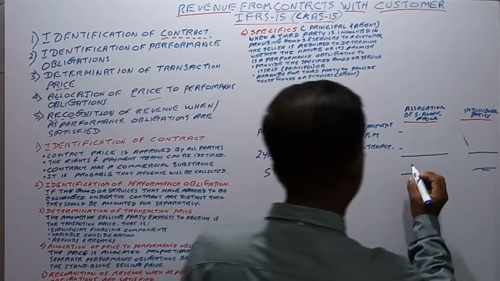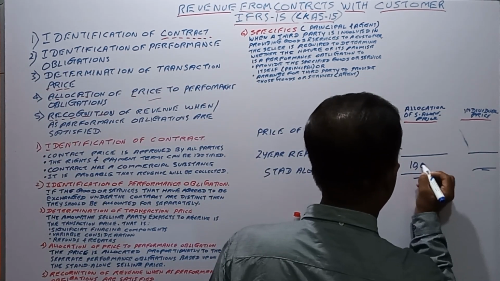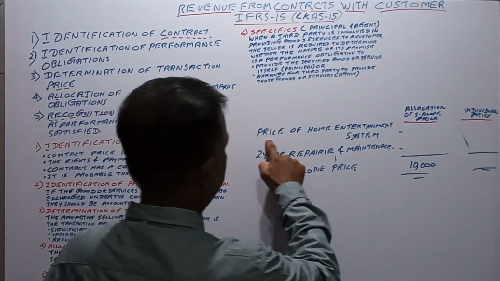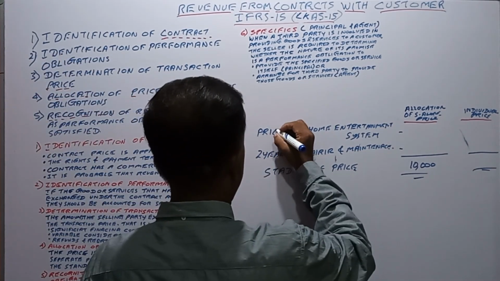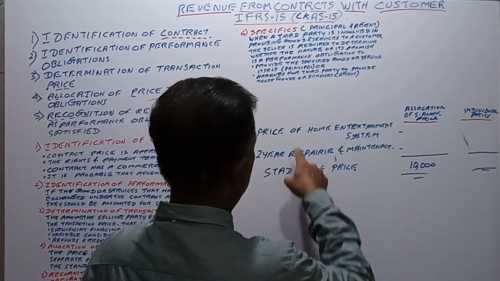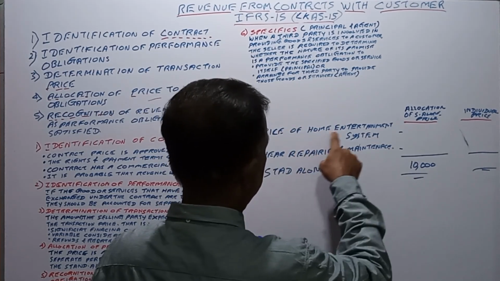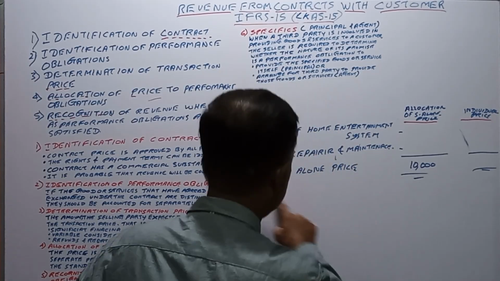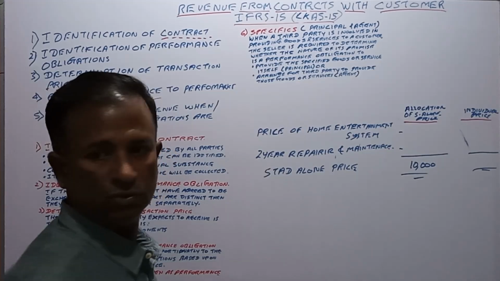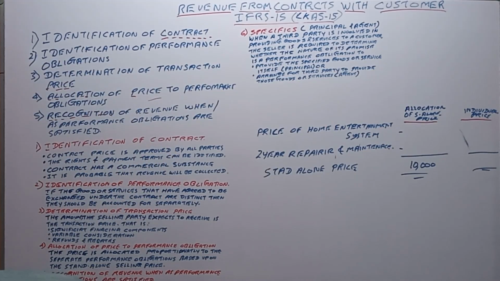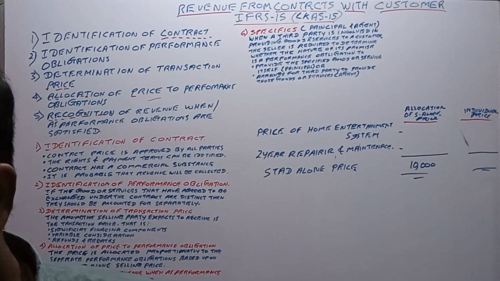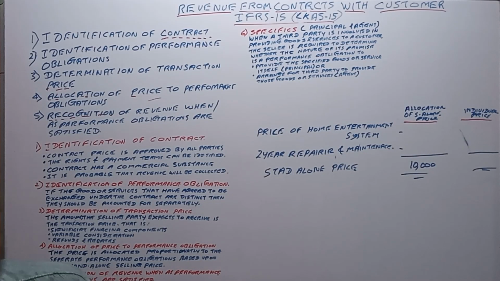This 10,000 is the price of the entertainment system and 2-year maintenance. The price of the home entertainment system without the repair and maintenance contract is 9,000.